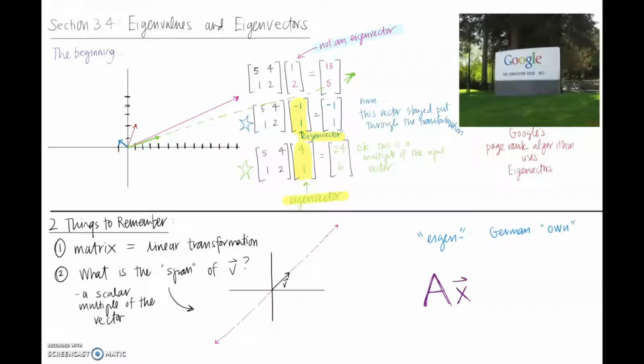So this is an n by 1 vector. And once x goes through the transformation of being multiplied by this matrix, we want it to land on itself, or we want it to land as a multiple of itself. So we want that Ax to equal either x or some multiple, and it's the convention to use the Greek letter lambda as a constant.